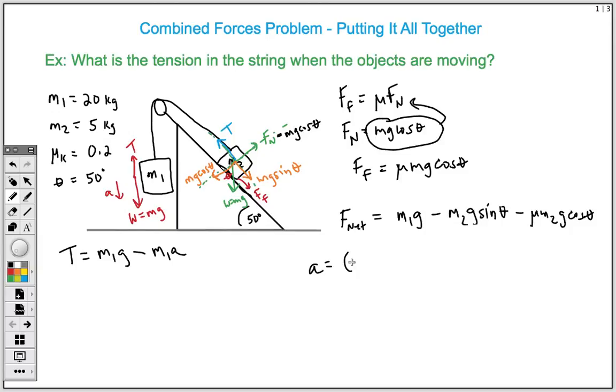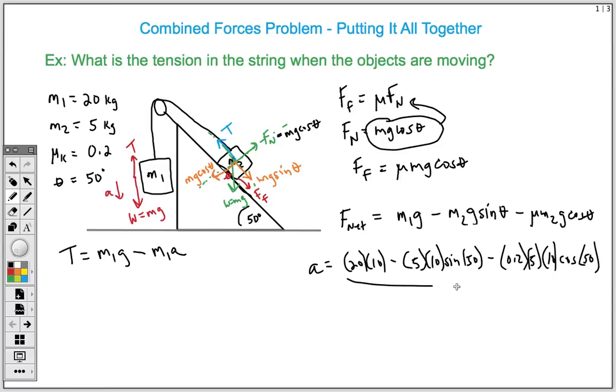So once again, 20 times 10 minus 5 times 10 times the sine of 50 minus mu, which is 0.2, times 5 times 10 times the cosine of 50.